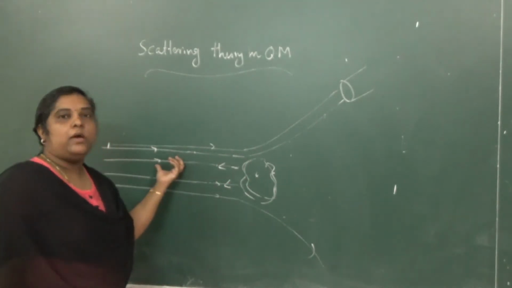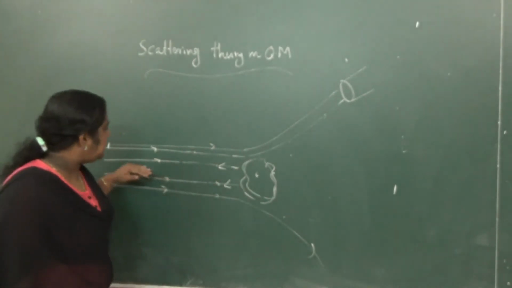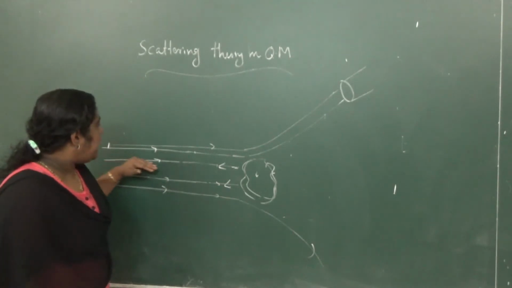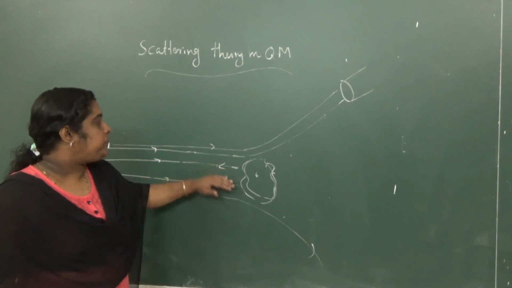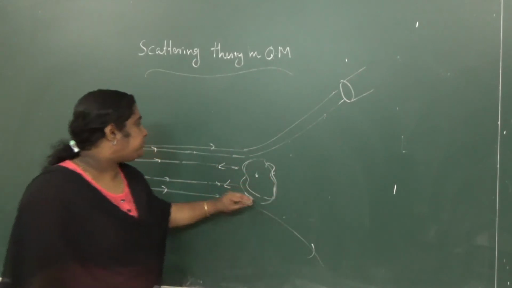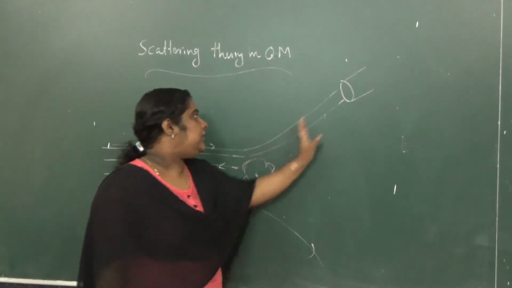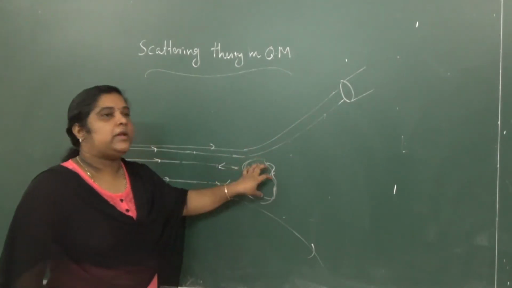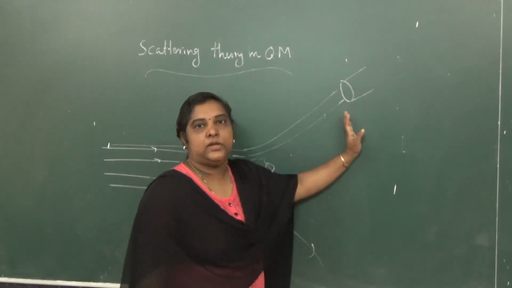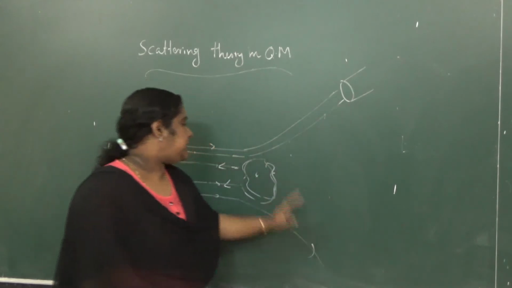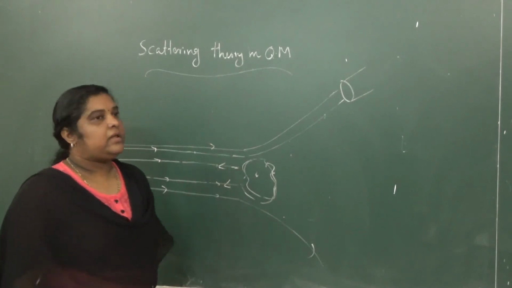So the typical experiment contains the following arrangement: incident particles with some momentum, which are deviated due to our scattering potential. Then our detector is placed at infinity. This is the typical scattering experiment.